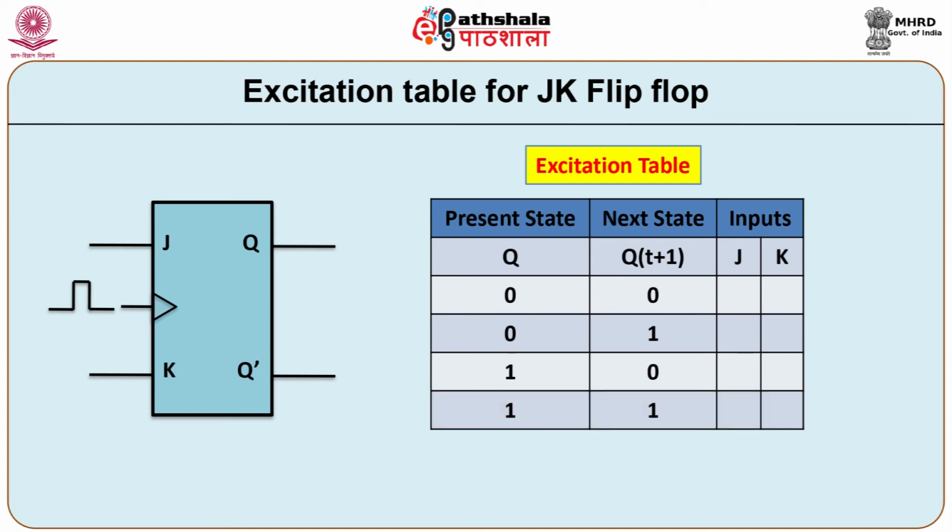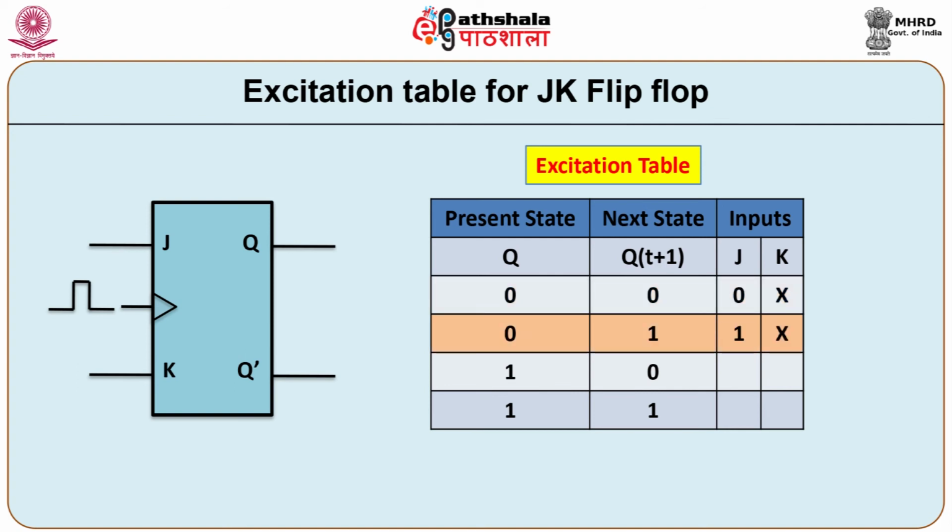To obtain the excitation table of JK flip flops, it is necessary to list all possible present states and next states to determine the input conditions to generate such state change. If both present and next states are equal to 0, then JK inputs should be 0 x. Here x stands for do not care condition, that is the input can be either 0 or 1.